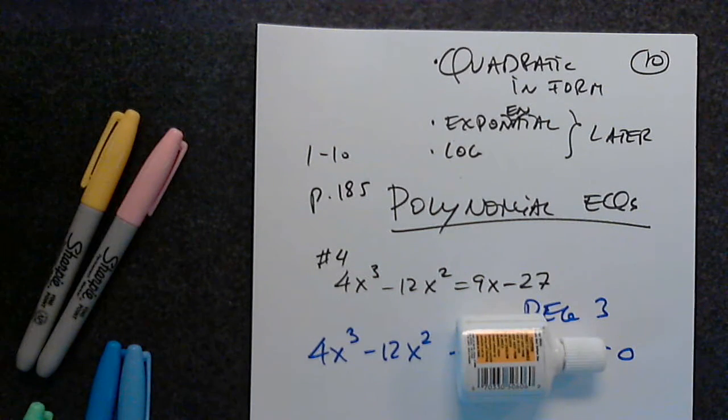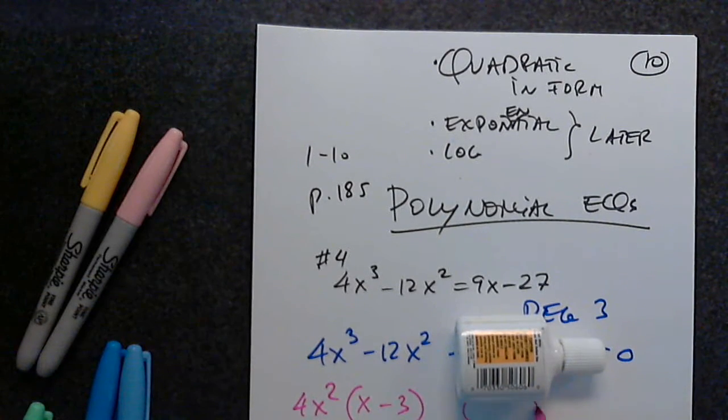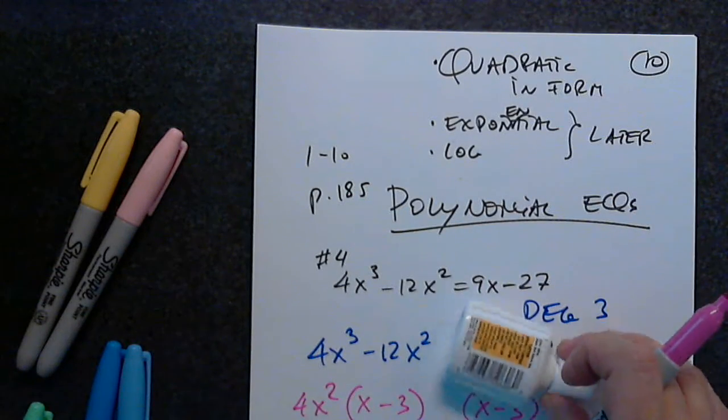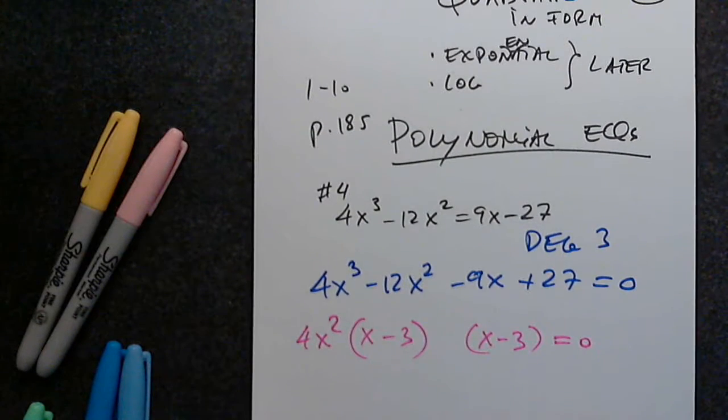From the first two, 3x, 4x squared. What is left in parentheses? Excellent. 3. Awesome. What do I have to have from the other two? Excellent. Otherwise, I can't continue. And now we cannot fabricate it. It has to be there. So now I need sign and factor.